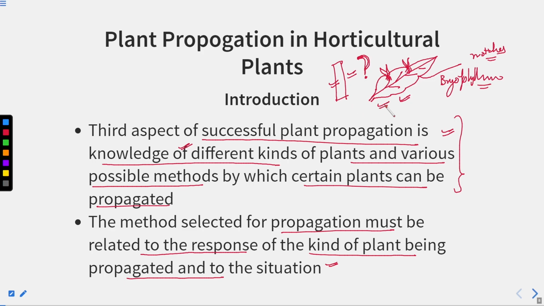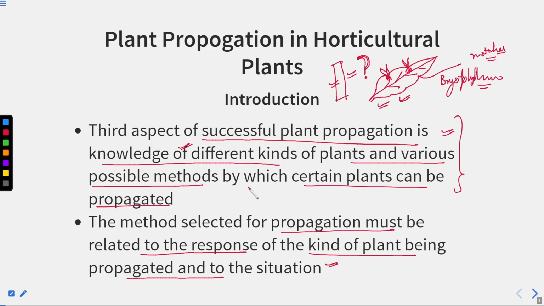Every plant has its own capacity to develop a new plant. Like bryophyllum has a capacity to develop a new plant with the help of leaves only. Rose can develop a new plant with the help of stem cutting, not with leaf cutting. Right?